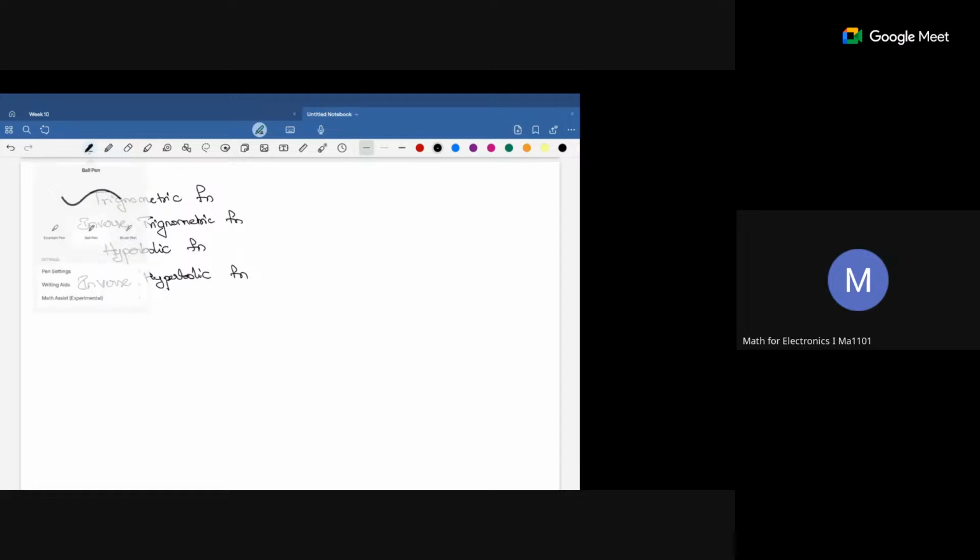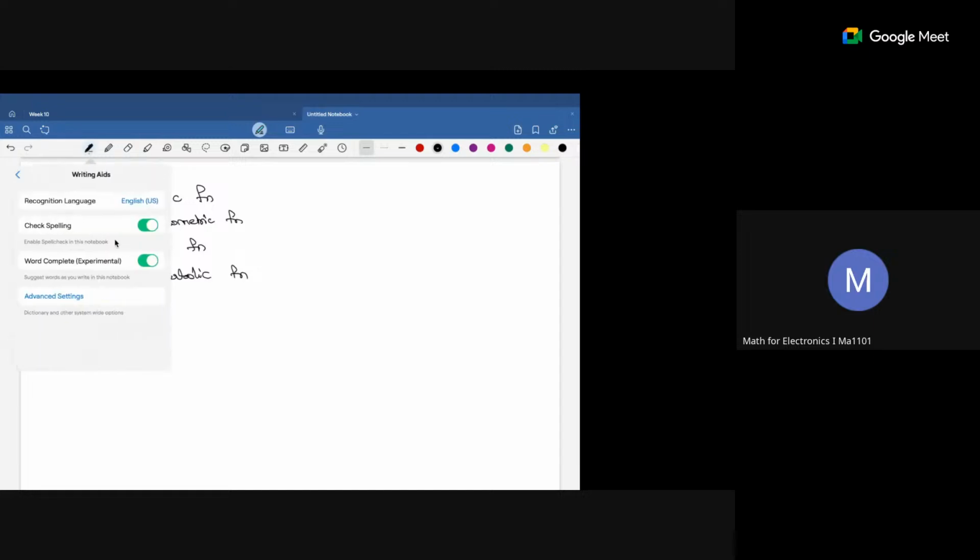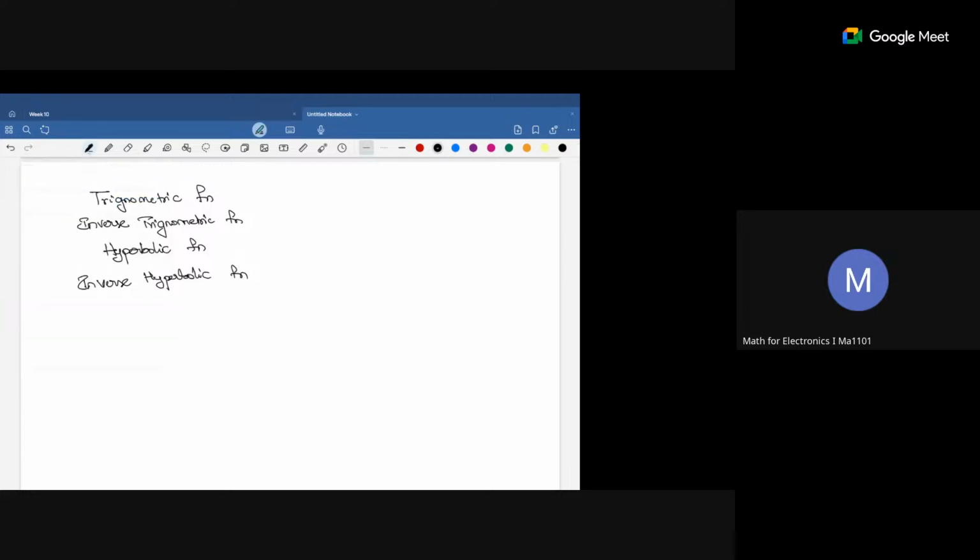Primarily we saw these four types of functions, and within each type there are different functions like sine, cos. For example, trigonometric has sine, cos, tan, and reciprocals of all those things, like 1 by sine, 1 by cos, 1 by tan.